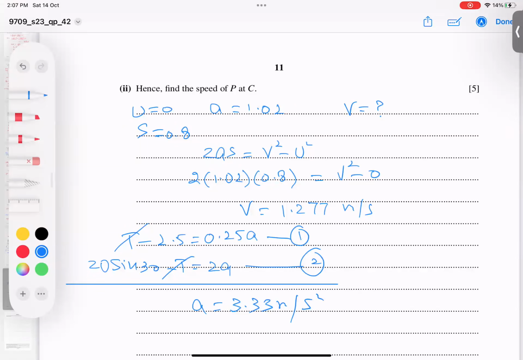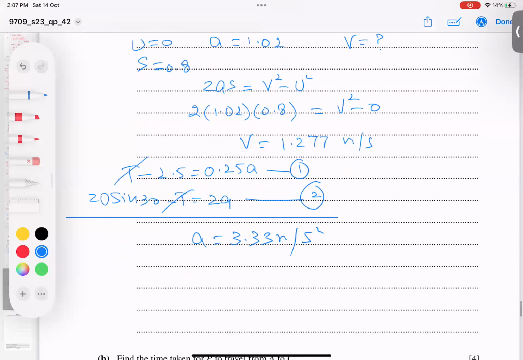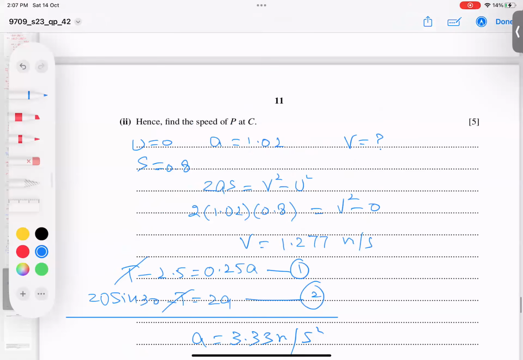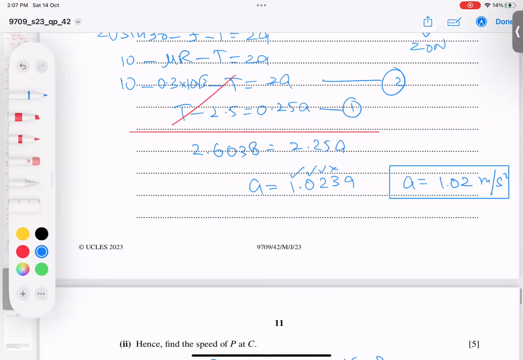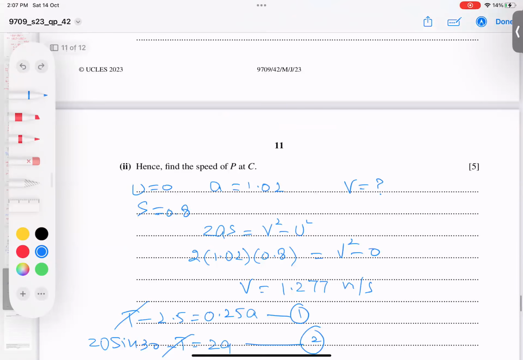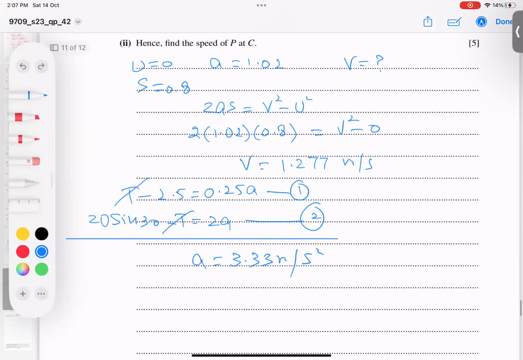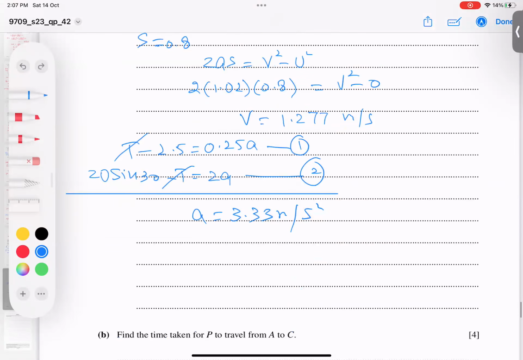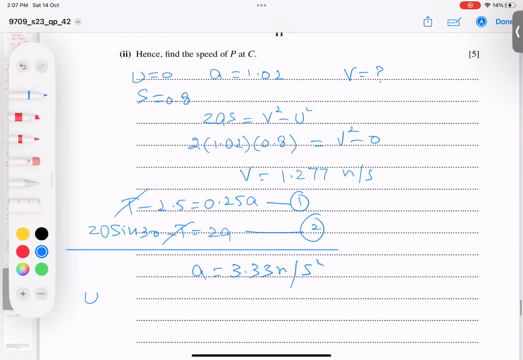Now students, what is the question asking for? Speed. So how to find speed, students? I think I have all the data. So for the second stage, as I said before, the final velocity of stage number one will become the starting speed of stage number two.